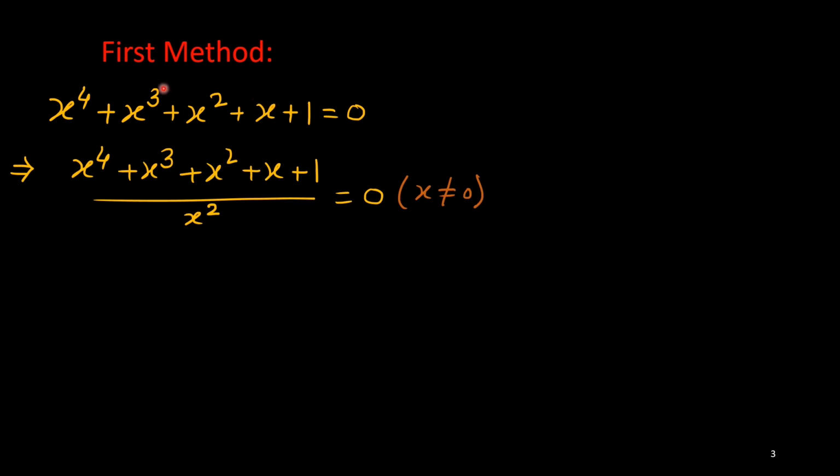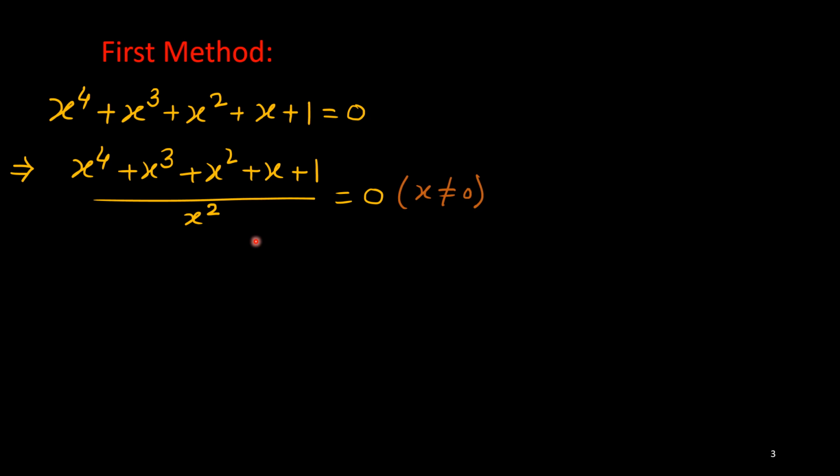What we'll do first, we'll divide both sides by x square. This method will work if the coefficient of x to the power 4 and the constant term are the same, and the coefficients of x cube and x are again the same.